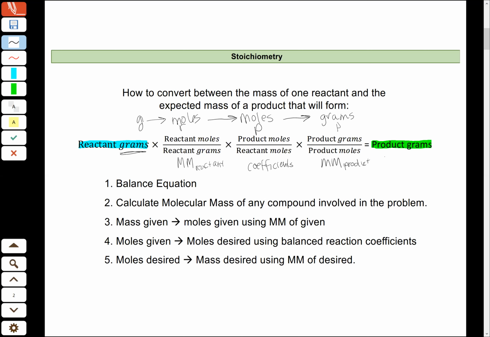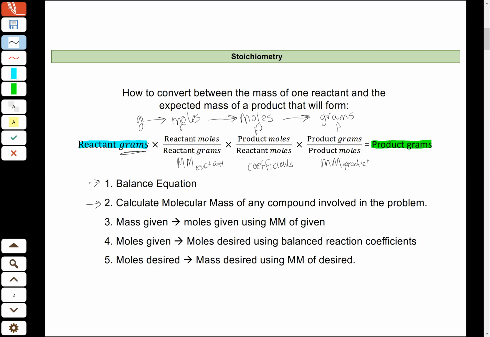And so we have the same basic steps for every single one of these stoichiometry problems. We're always going to start by balancing our equation and then calculating the molar mass of any compounds involved in the problem. If you're not sure which ones are involved, just calculate the molar mass for everything in your chemical equation.